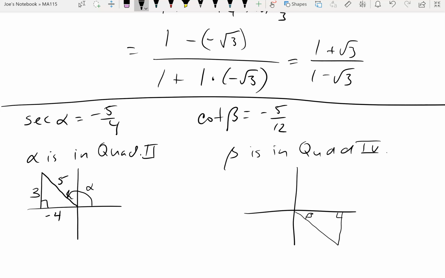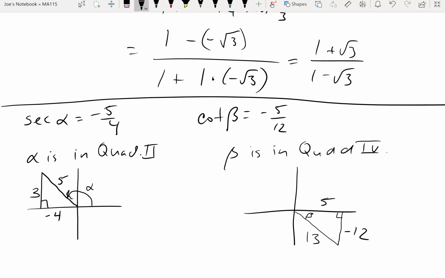What's the adjacent going to be? 5. And the opposite will be negative 12. Yeah, this one's a Pythagorean triple too. Does anybody know what the hypotenuse is? That's 8, 15, 17. This one's 13. So we have 13 on that one.